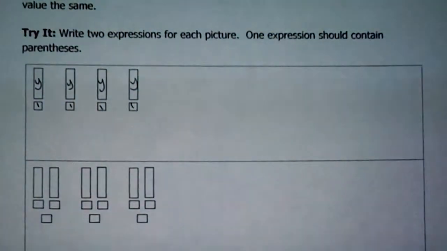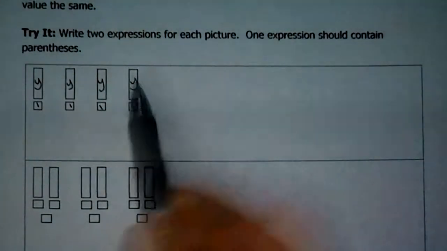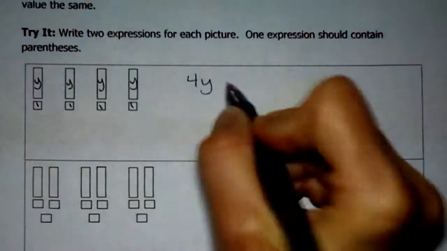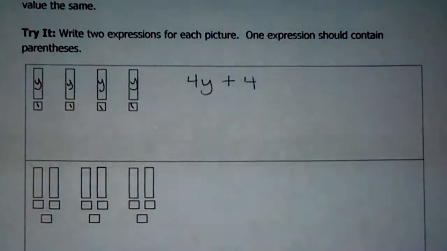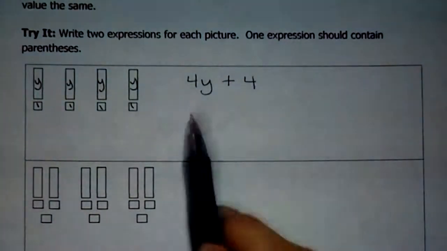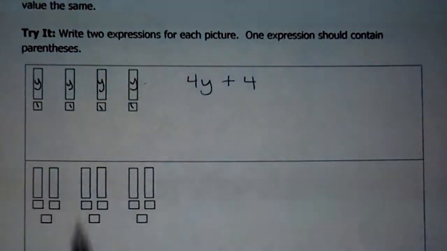If you were going to write an expression for this picture, we would say that we have 1, 2, 3, 4 y's, plus we have 1, 2, 3, 4 green blocks, right? 4y plus 4. We can't say that we have 8 of anything because we don't. We have 4 of those and 4 of those. Try it with this next one.